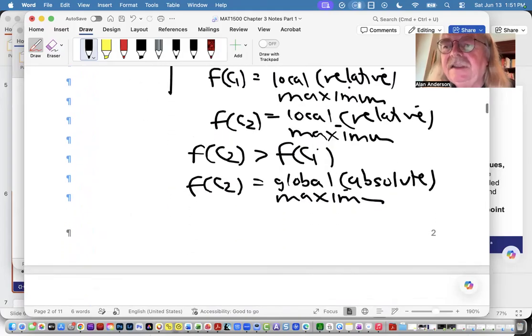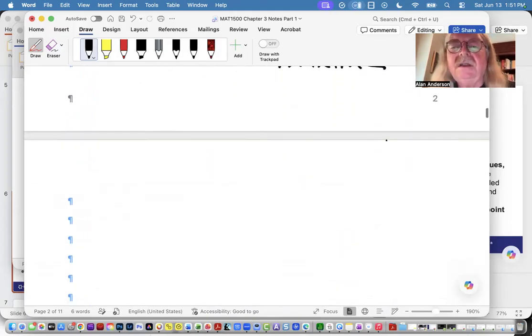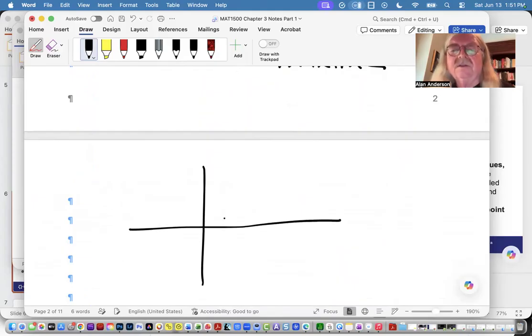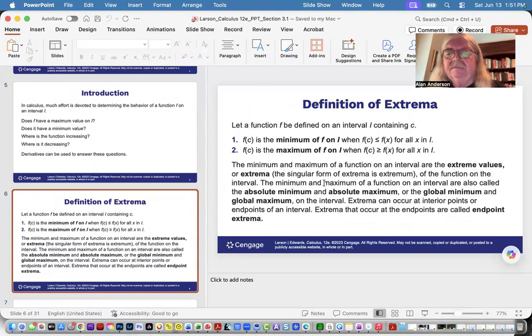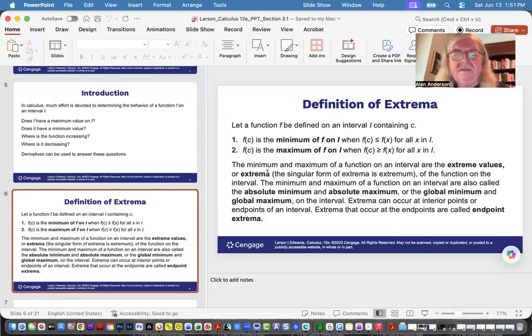Okay. And then, like I started to say, the endpoints can also satisfy this role.